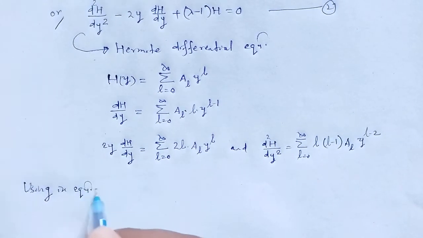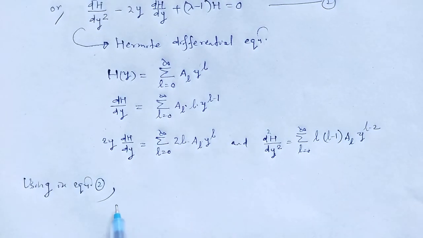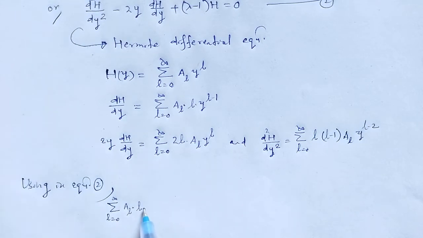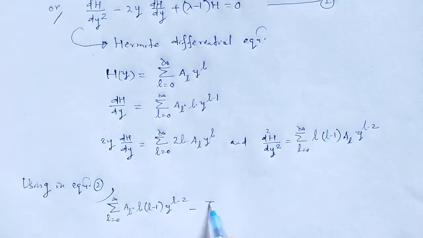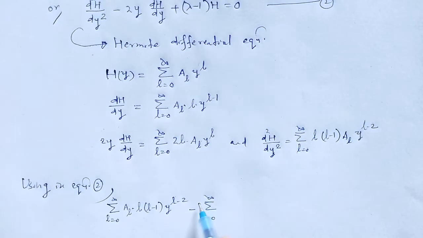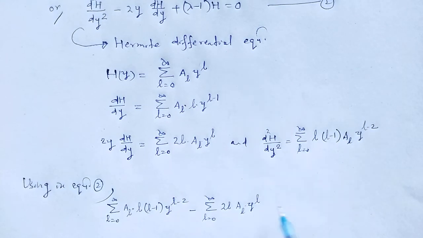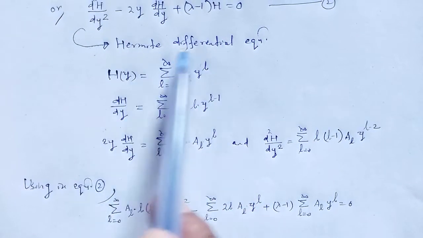Putting these values in equation 2, that is summation over L from 0 to infinity a L L into (L minus 1) y to the power L minus 2, minus summation from L equal to 0 to infinity 2L a L y to the power L, plus (lambda minus 1) summation over L from 0 to infinity a L y to the power L is equal to 0. Just putting these values in the differential equation.